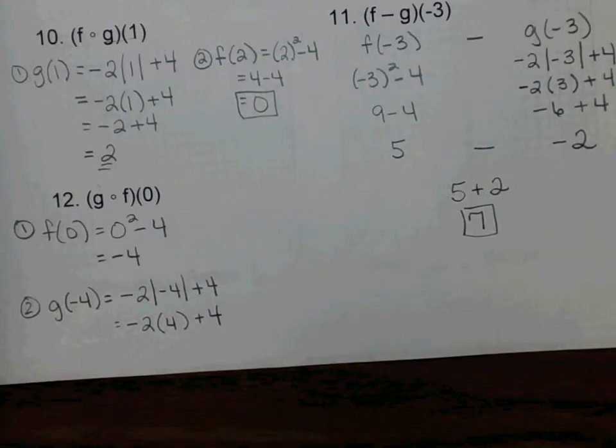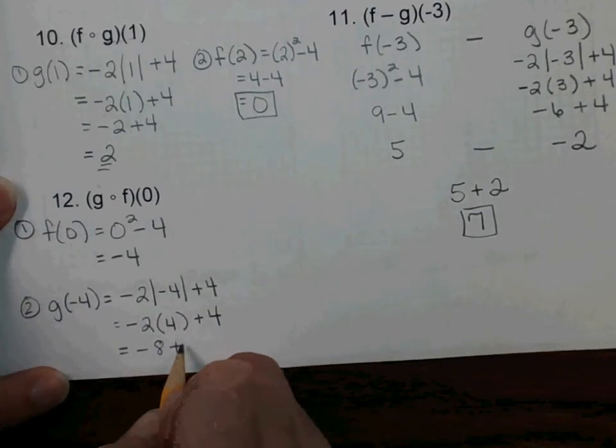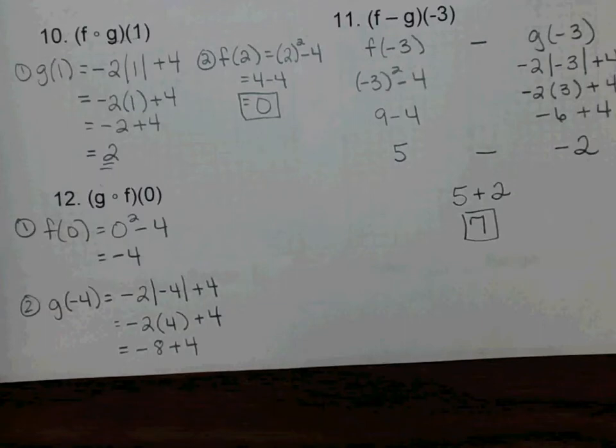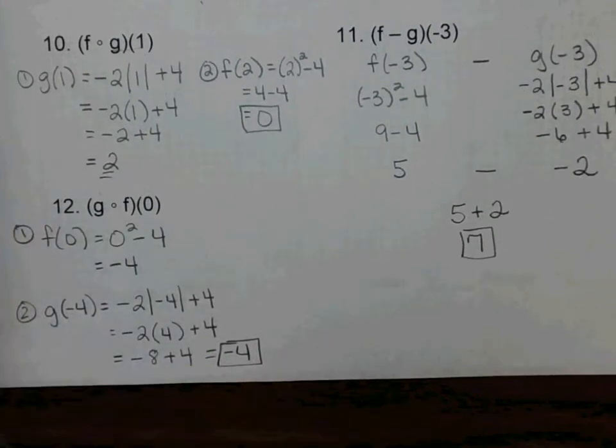And then do multiplication. So -2 times 4 is -8. And then add. And you get -4.